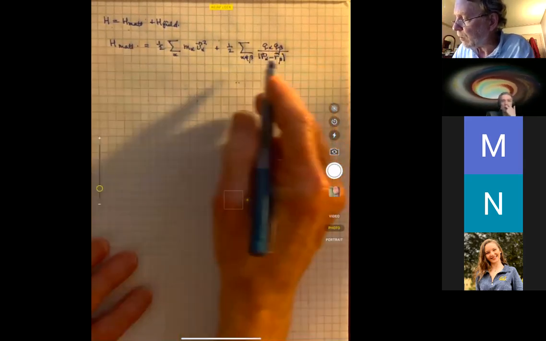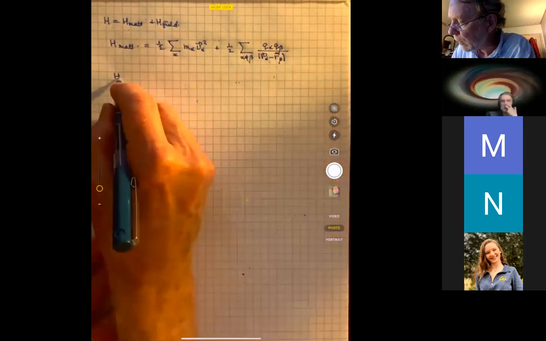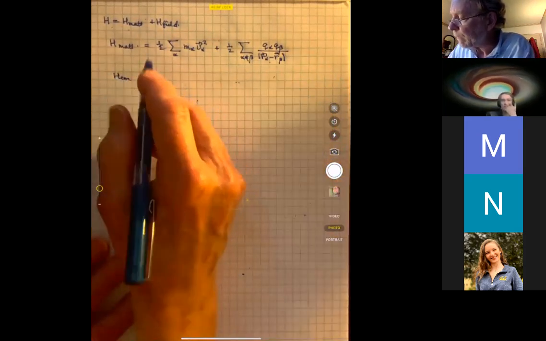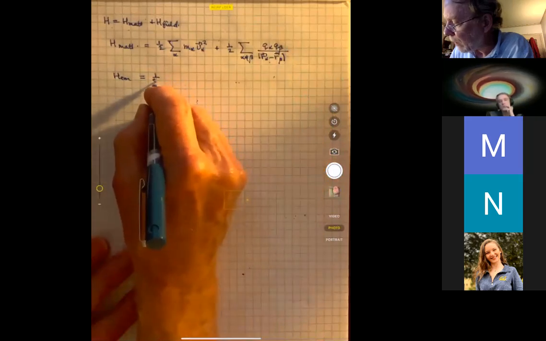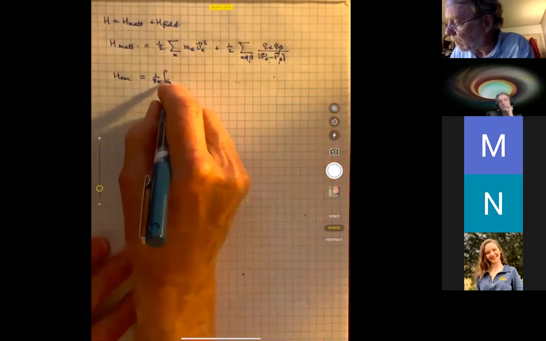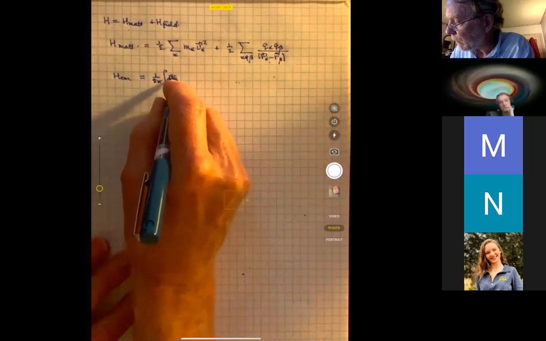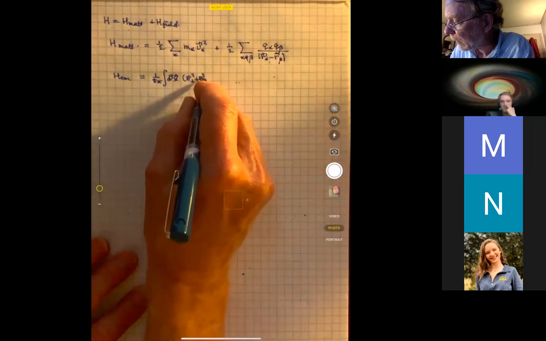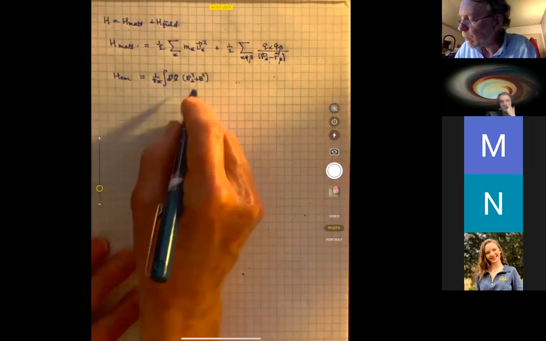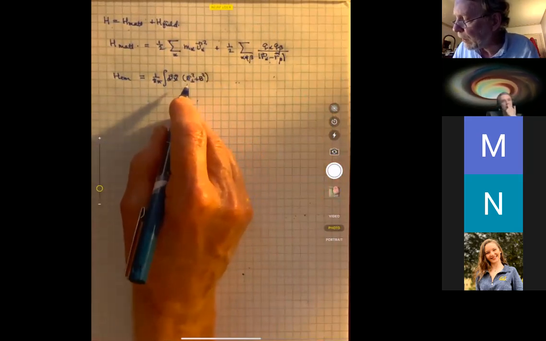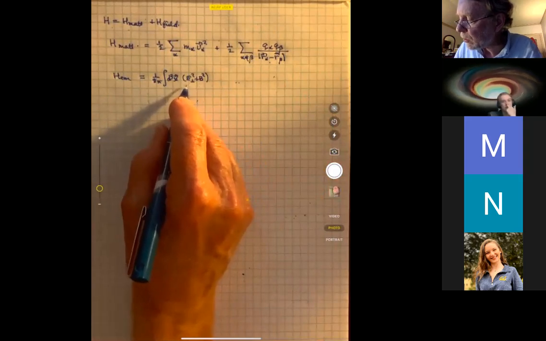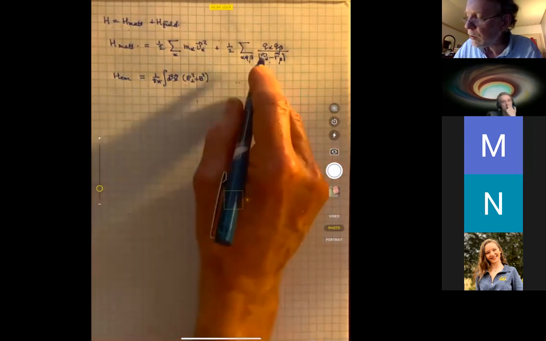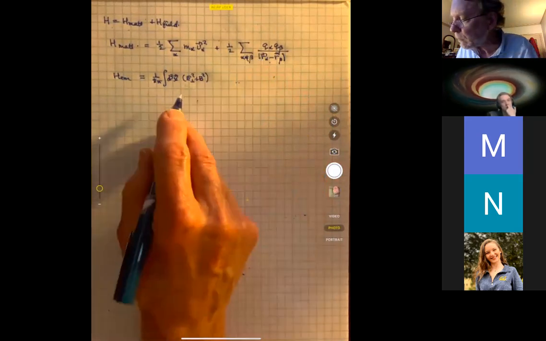But it's not the whole story either, because there's also the electromagnetic part, and that electromagnetic part is going to be 1 over 8 pi, the integral d cubed x of now just simply E transverse squared plus the magnetic field squared. The magnetic field is always transverse with or without the matter, but the electric field, in the presence of matter, has both a longitudinal and a transverse part, and only the transverse part is left because the longitudinal part got put up here.